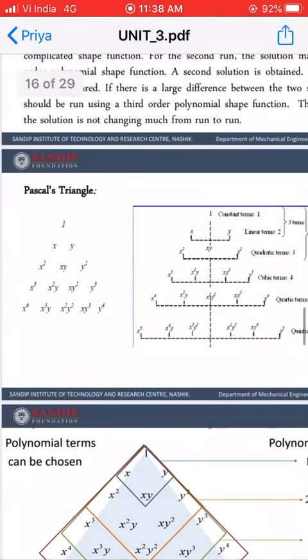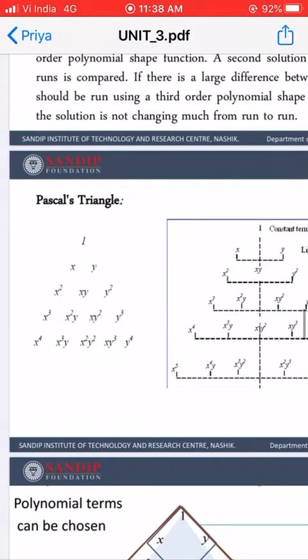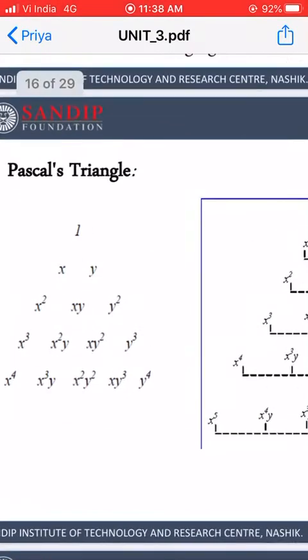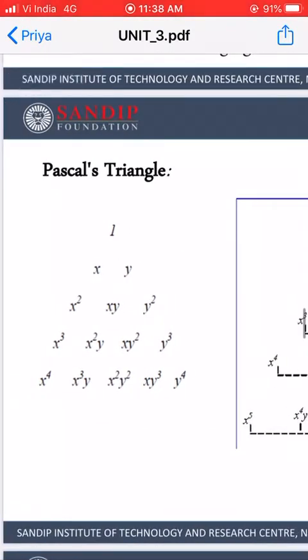So this is your Pascal triangle. First term is 1, second is your linear terms x and y, third is x square, xy and y square, which is your quadratic polynomial function, fourth is cubic, fifth is quartic.